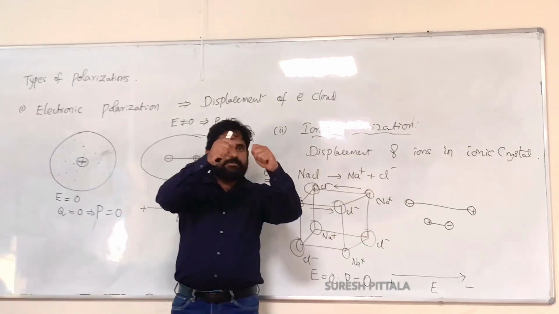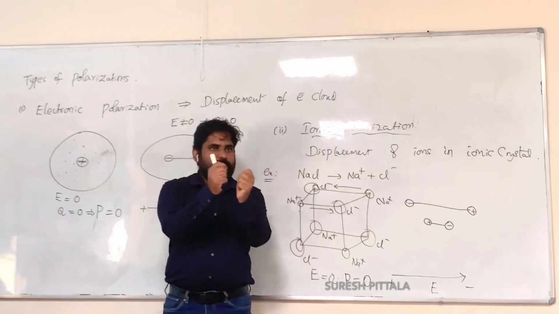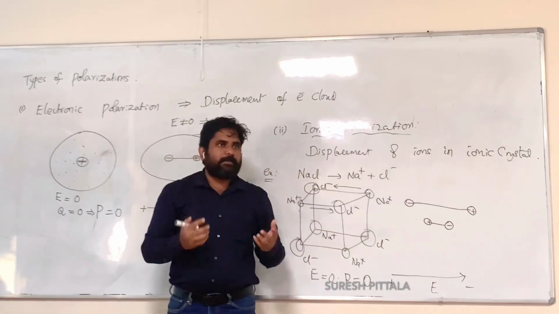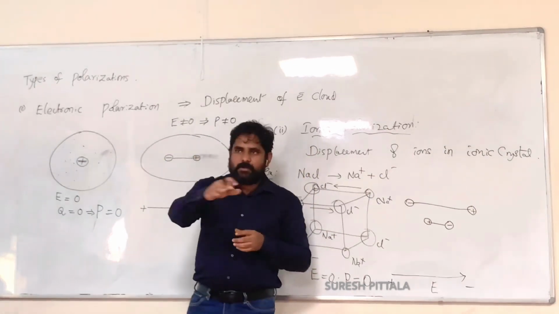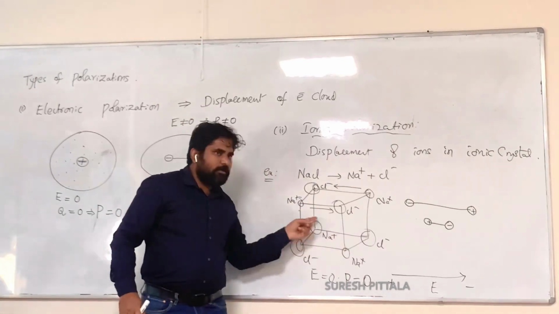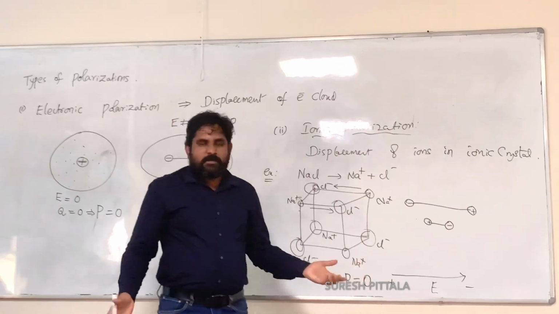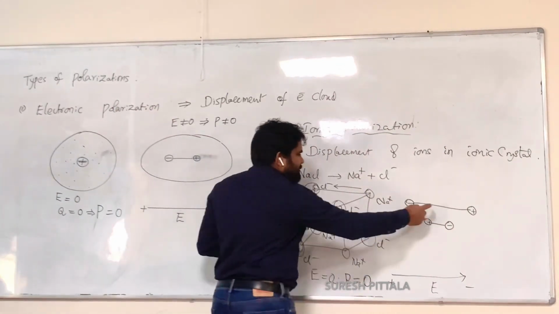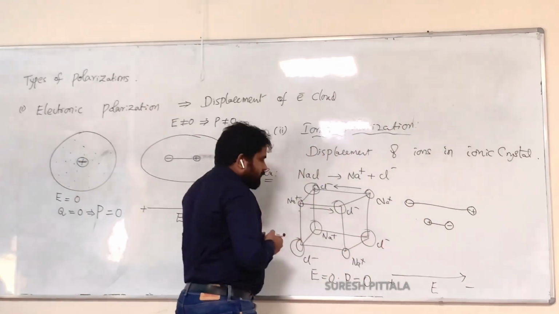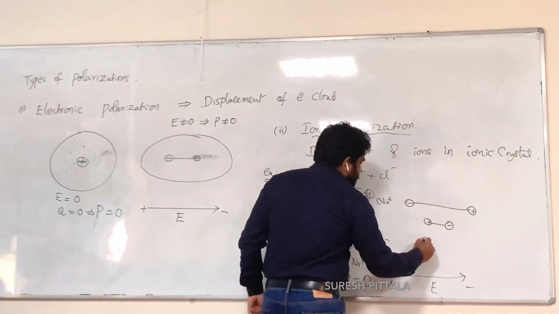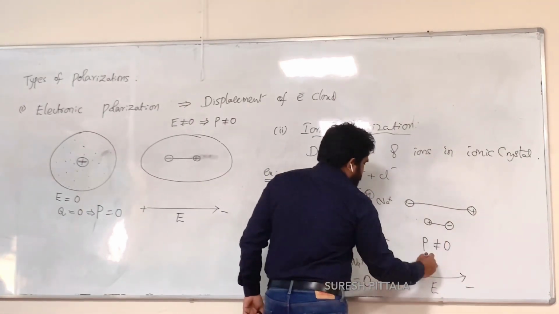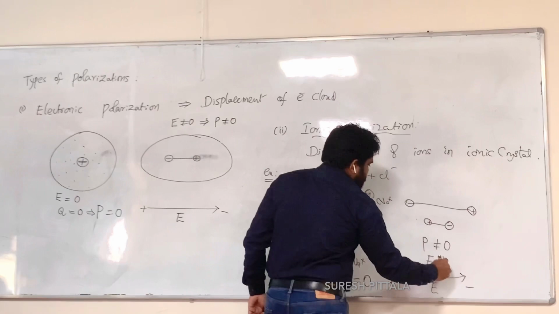One dipole stretches, the other one compresses. When you apply the field, this happens in all the unit cells and the overall structure. So due to that, you have dissimilar dipoles. Therefore, your polarization will not be 0 when the electric field is applied.